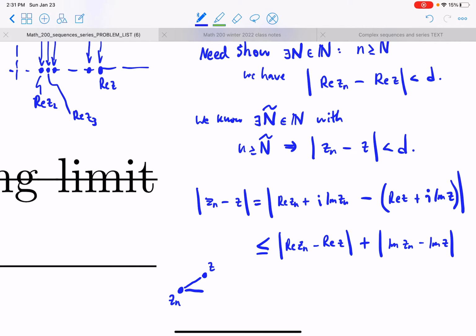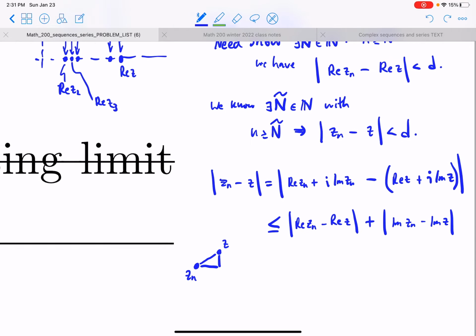By the triangle inequality, this real part distance is that horizontal length, and this imaginary part distance is that vertical length. And so this hypotenuse can only be shorter. It can't be shorter to first go over here and then up there. That's longer. However you understand this, it is because of this triangle inequality.